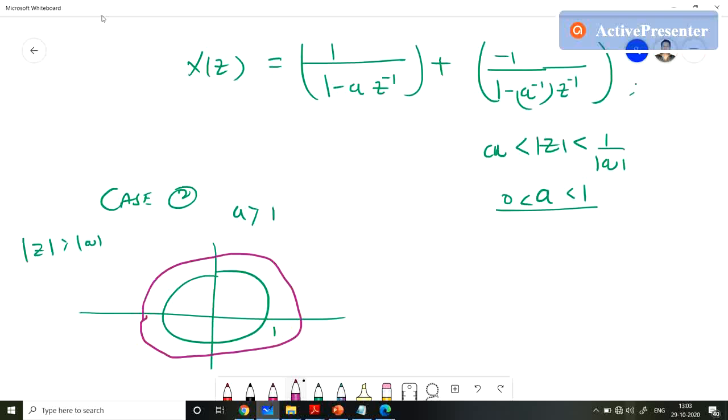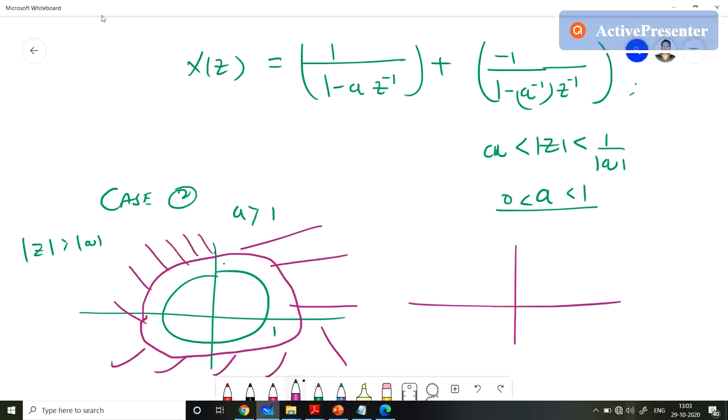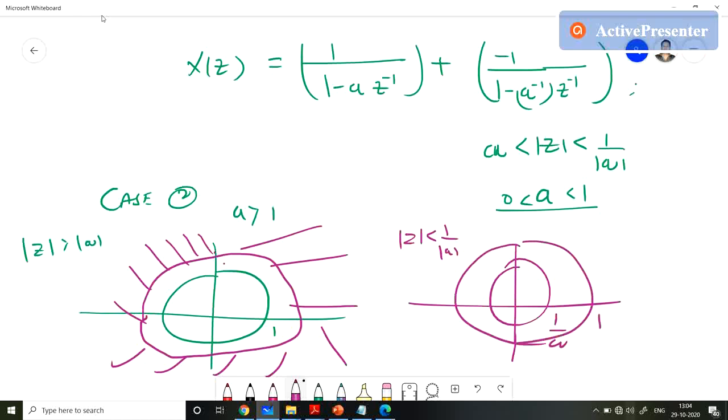So this is the ROC for X1(z). And second, we have modulus of Z less than 1 divided by modulus of A. So 1 by A should be less than 1, so this is 1 by A and this is the unit circle. The ROC is the interior of this.